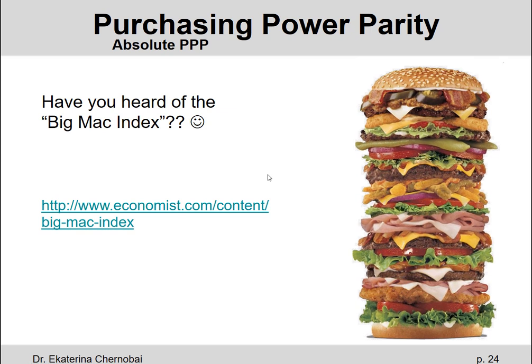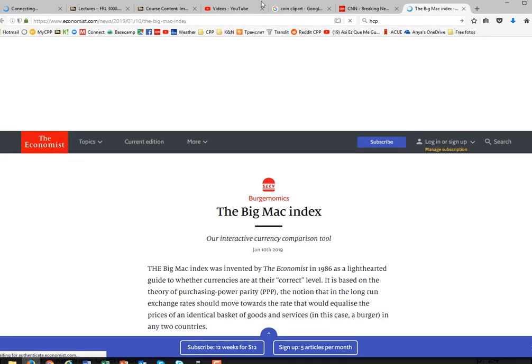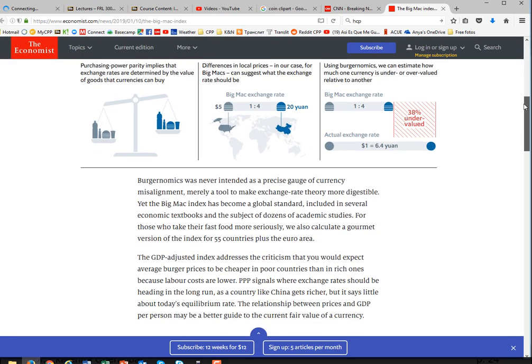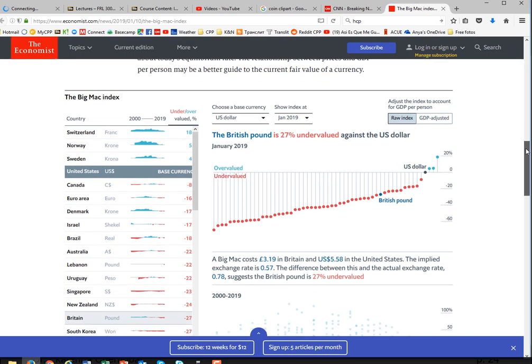Have you heard of the Big Mac index? Actually, this is true. This is real. If you go to the website economist.com, you will find the explanation about the Big Mac index. It's called Burgernomics. It's actually all real. It's not a joke. If you scroll down, you will see a table on the left with different country names: Switzerland, Norway, Sweden, United States, and so on.